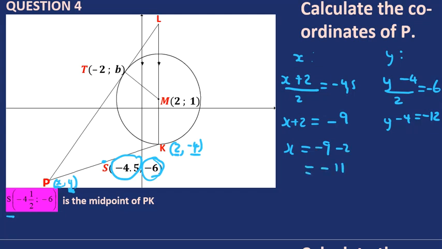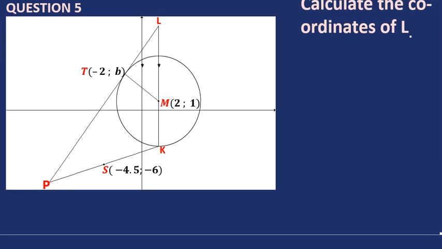So the x coordinate will be -11. And the y coordinate will be -8. So the coordinates of P are -11 and -8. Let's go now to the final question.